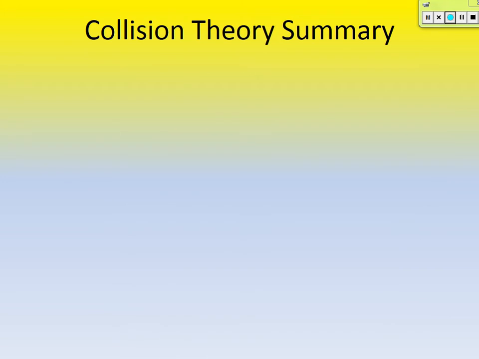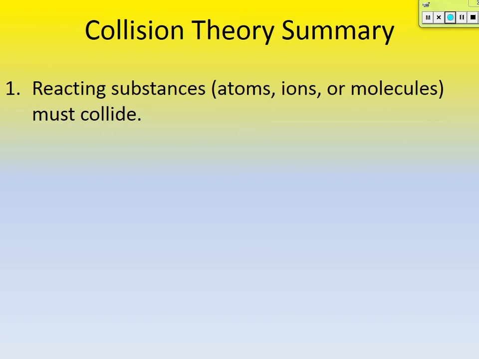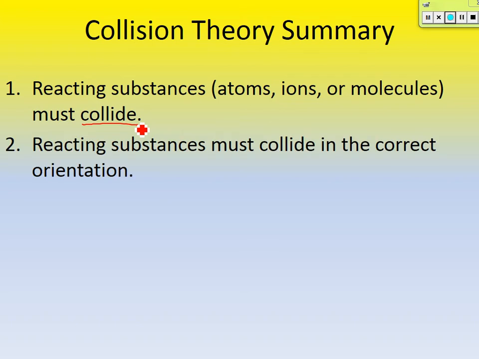Okay, so let's summarize collision theory real fast. There's 3 parts. Number 1, the reacting substances must do what? They must collide. There's got to be some collision there. Okay, they got to collide. Step 2, not only do they have to collide, but what do they got to do?